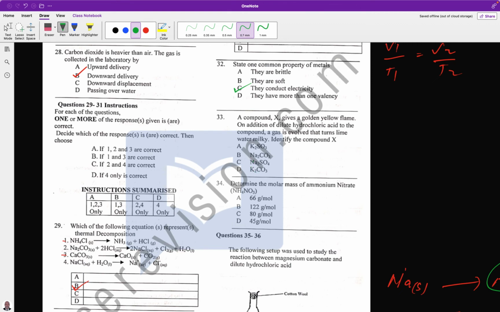So there is sodium carbonate here, and sodium carbonate has sodium, it will produce sodium ion, and there is a carbonate that will produce carbon dioxide. So B is the right answer.